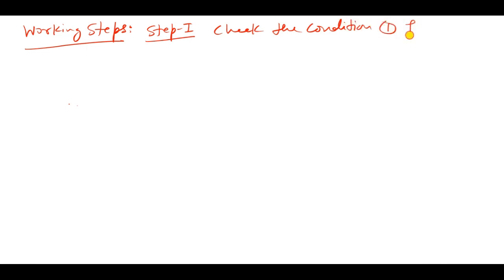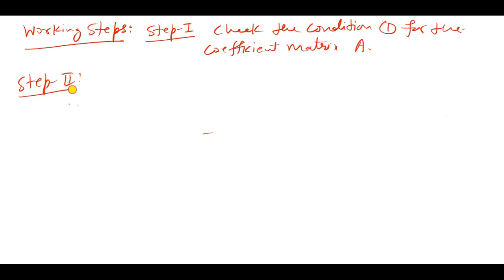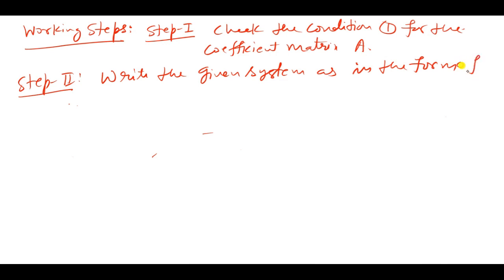Step 1, check the condition 1, which is given in equation 1, for the coefficient matrix A. Step 2, write the given system of linear equations in the form of equation 2.